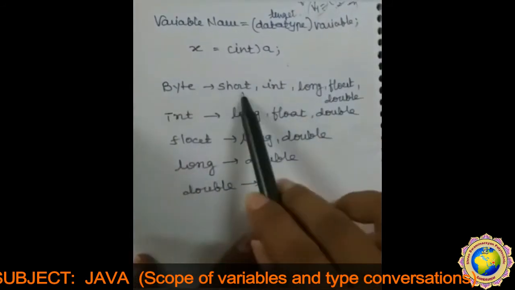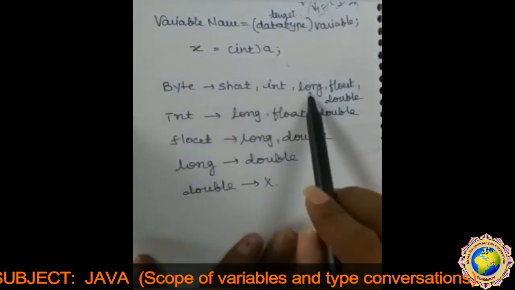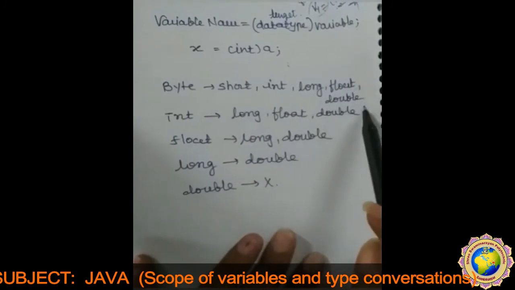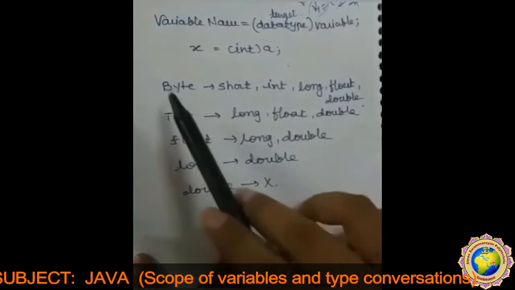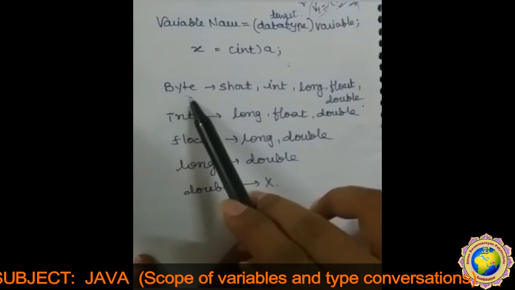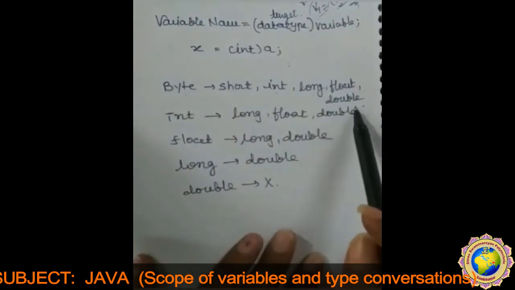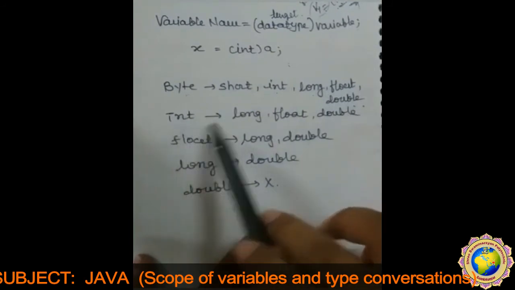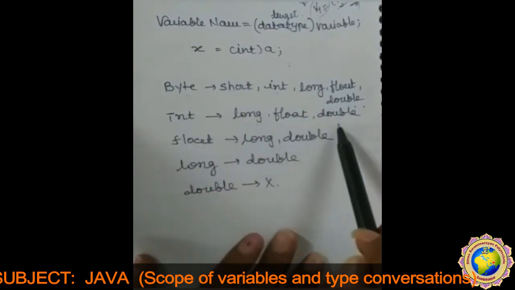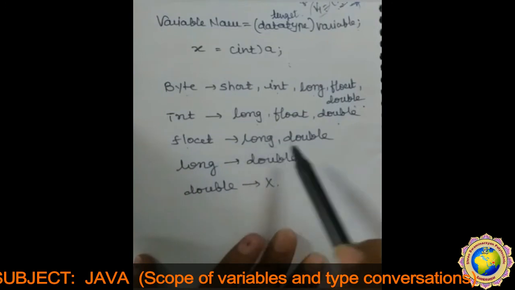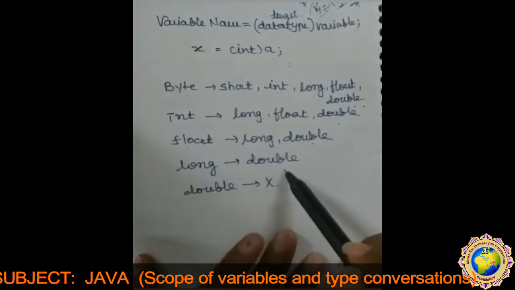Byte to short, integer, long, float, double. Integer to long, float, double. Float to long, double. Long to double.